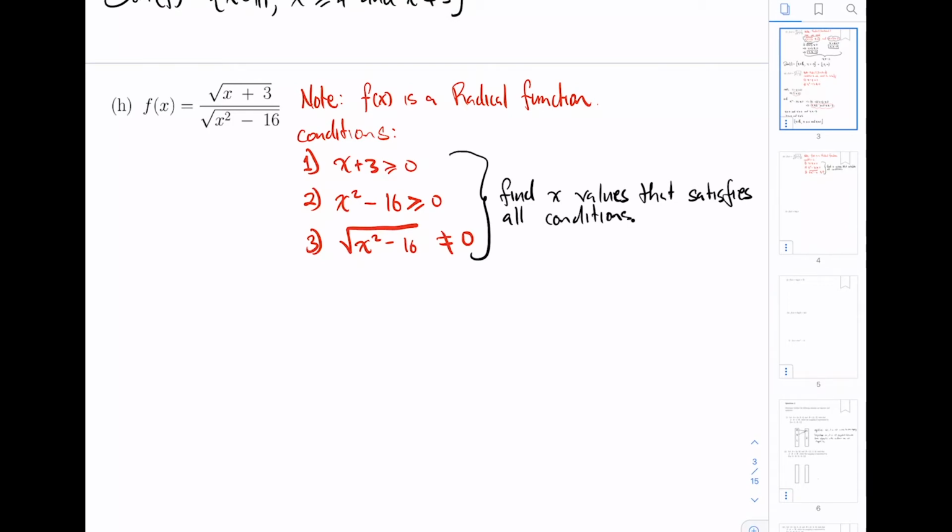So if x plus 3 is greater than or equal to 0, this implies that x is greater than or equal to negative 3. That's 1.